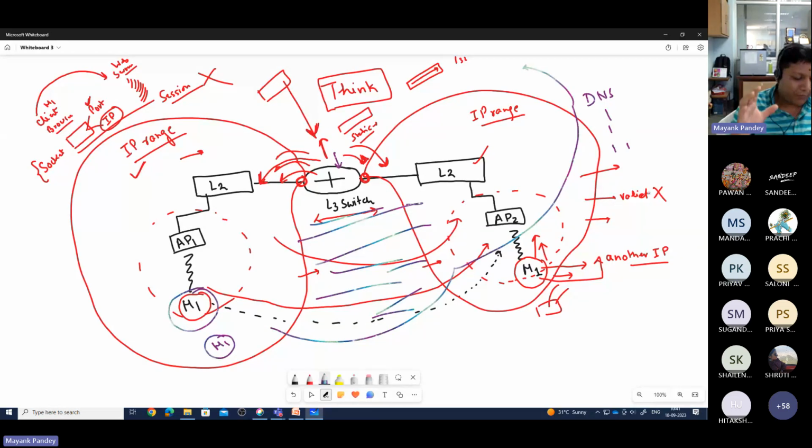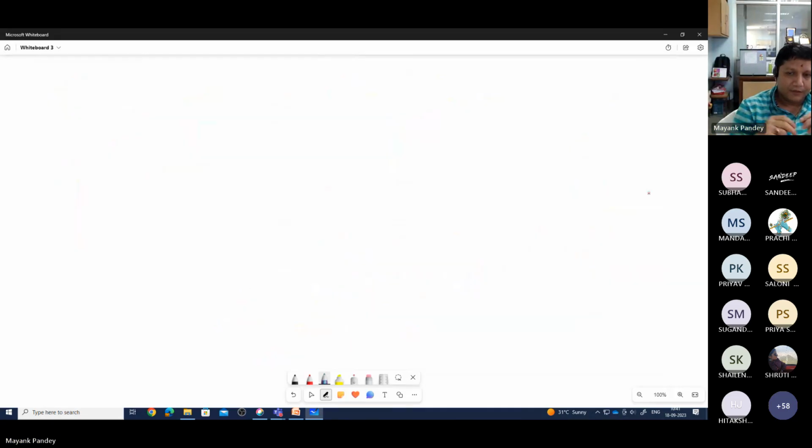So you got the problem or not, everybody? Mobility is problematic as soon as we have layer 3 mobility, when we allow mobile nodes to cross the boundary of the network and join another network.